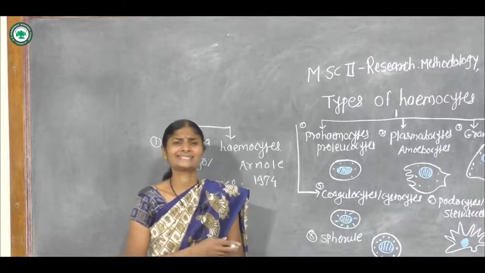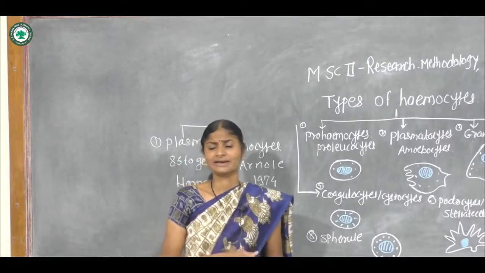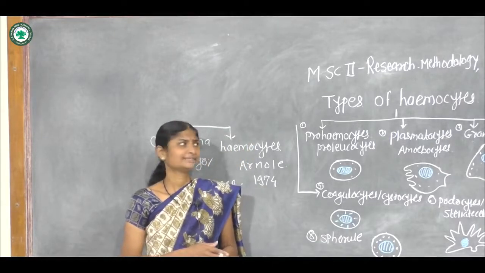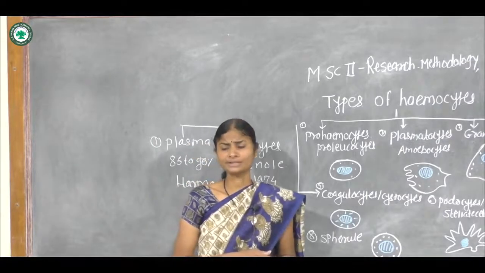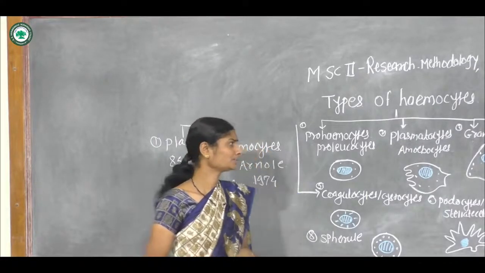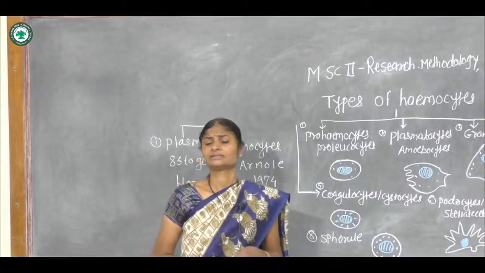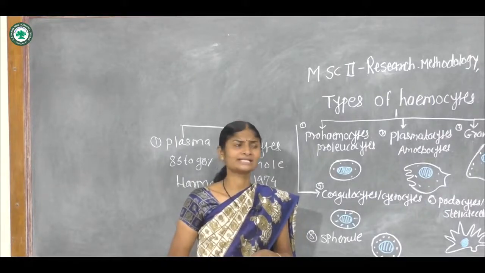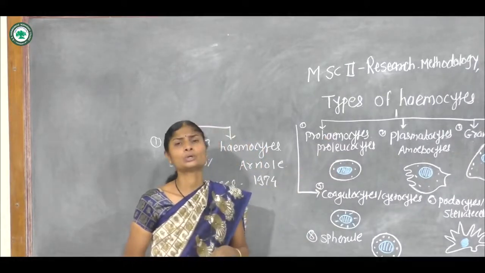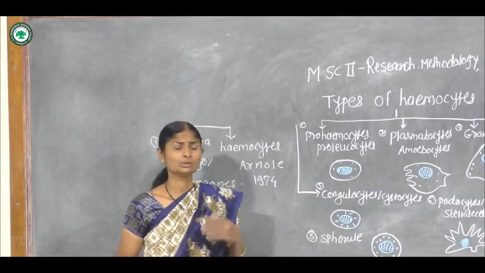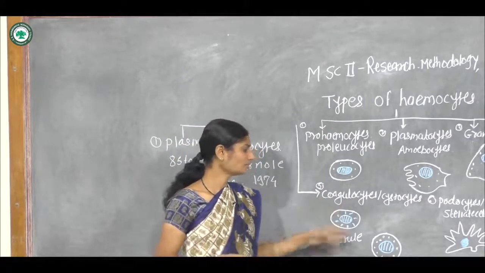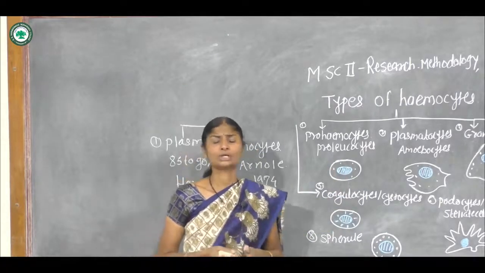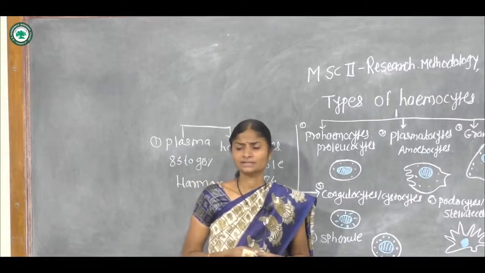These hemocytes are blood cells that circulate in the hemolymph. They are amoeboid and nucleated. They are homologous to vertebrate leukocytes, that is, WBCs, and circulate freely in the hemocoel.